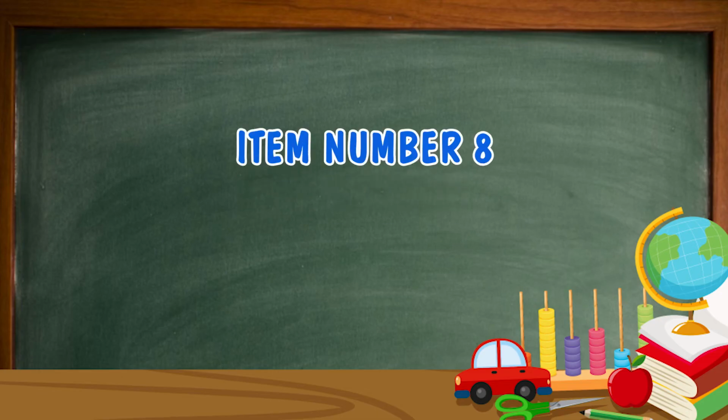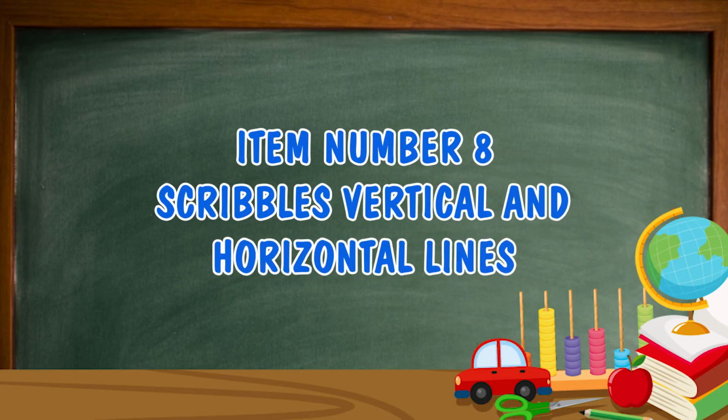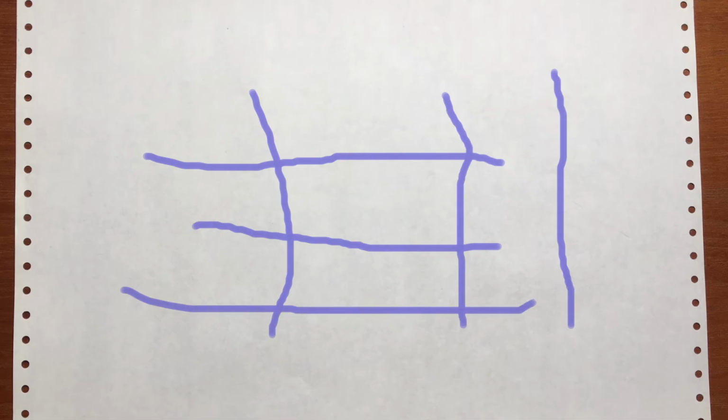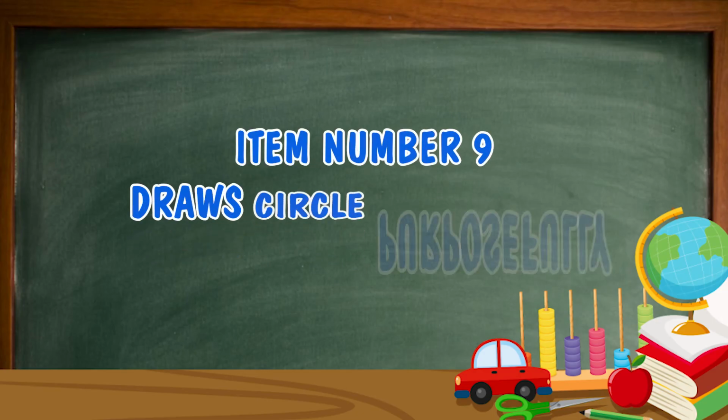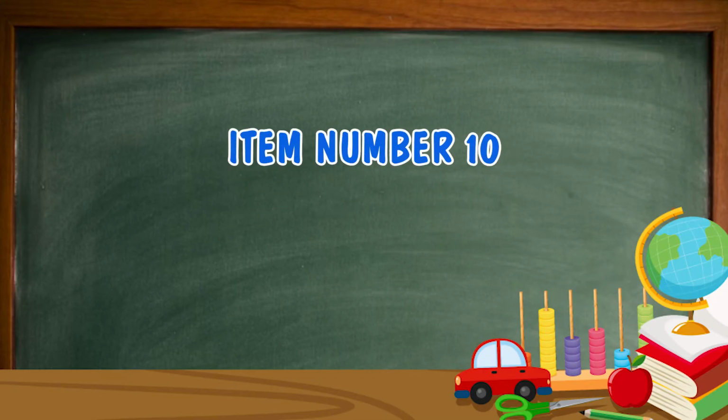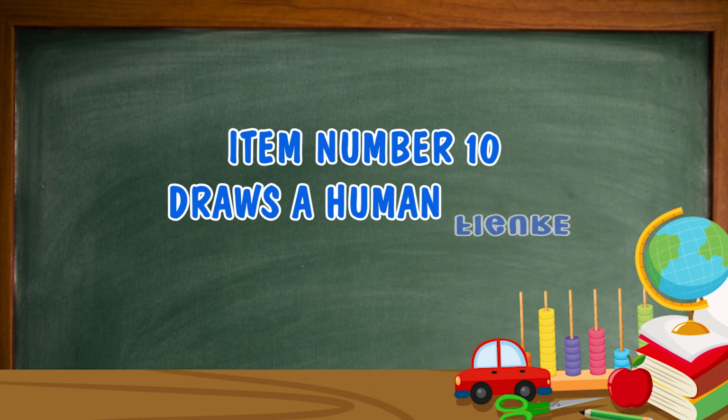Item number 8 scribbles vertical and horizontal lines. Nakasusulat ng pahalang at patayong linya. Item number 9 draws circle purposefully. Nakaguguhit ng bilog. Item number 10 draws a human figure with head, eyes, trunk, arms, hands, or fingers.